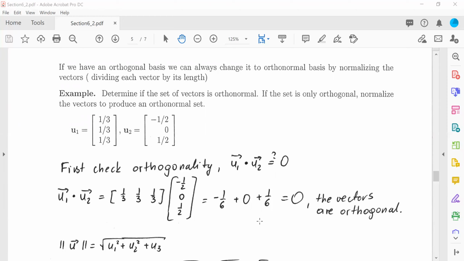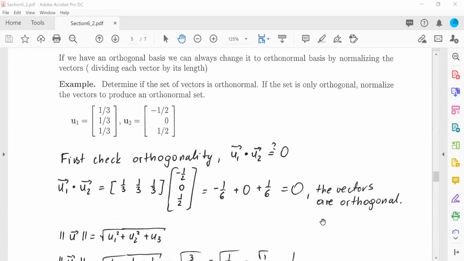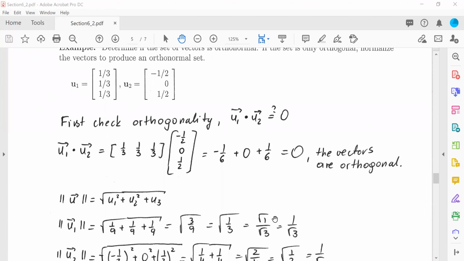First we need to check orthogonality, because if the vectors are not even orthogonal, they cannot be orthonormal vectors. So check orthogonality by checking the dot product. We take the first vector, multiply times the second vector. We have minus 1/6 plus 1/6, which is 0. Vectors are orthogonal. Now we calculate the norm.